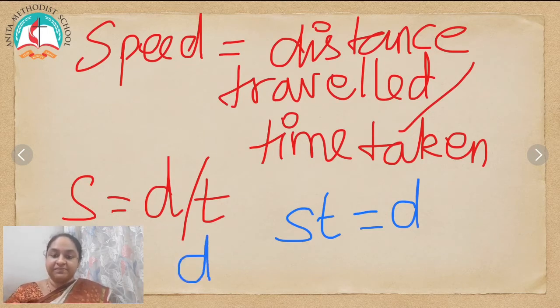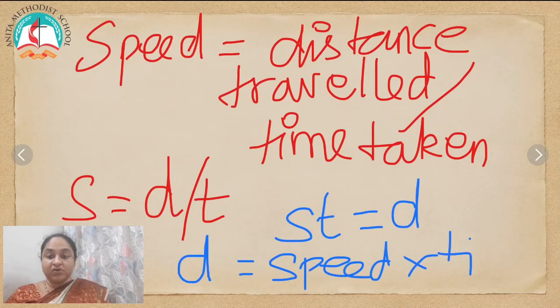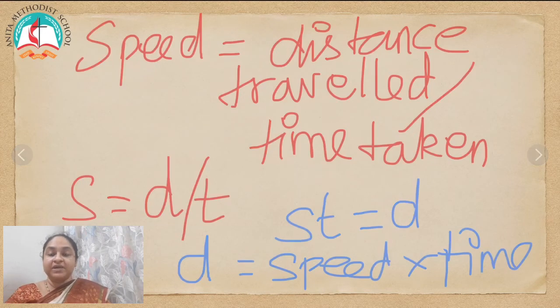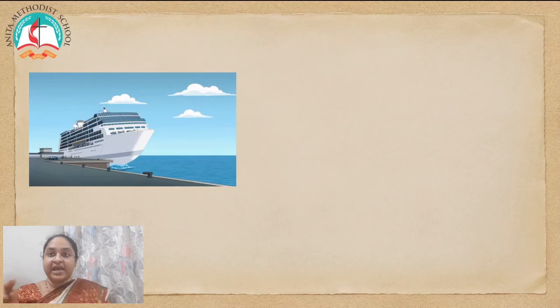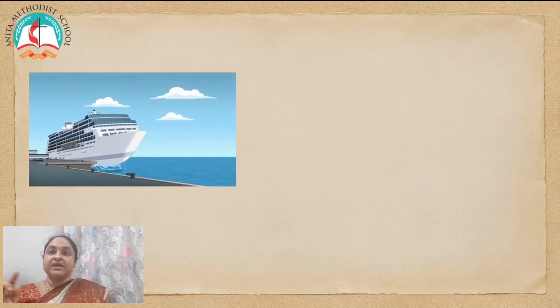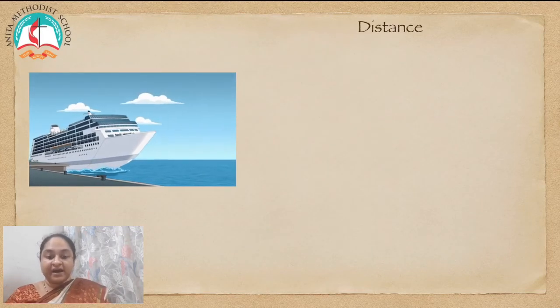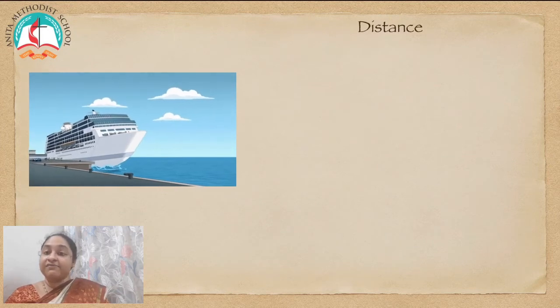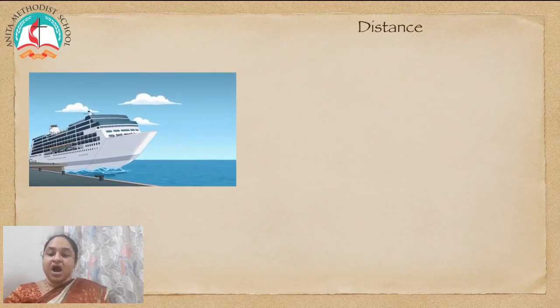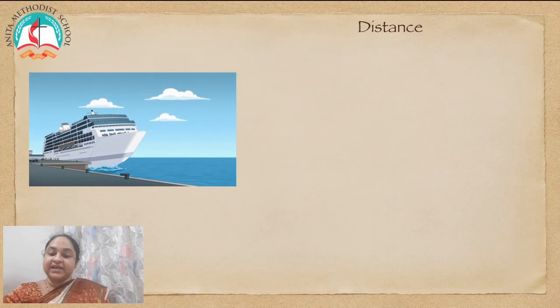Look at this ship. If the ship travels at a speed of 50 kilometers per hour, kmph denotes kilometers per hour, and it sailed for 5 hours. How much distance had it traveled?